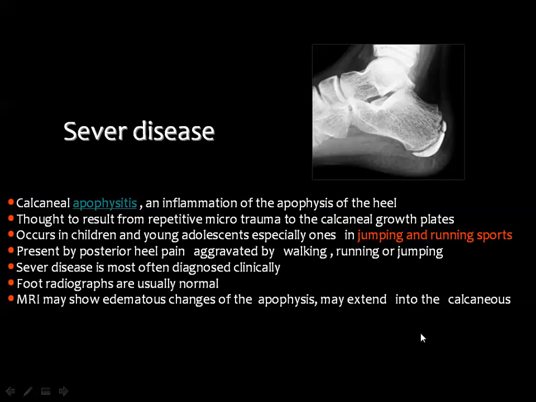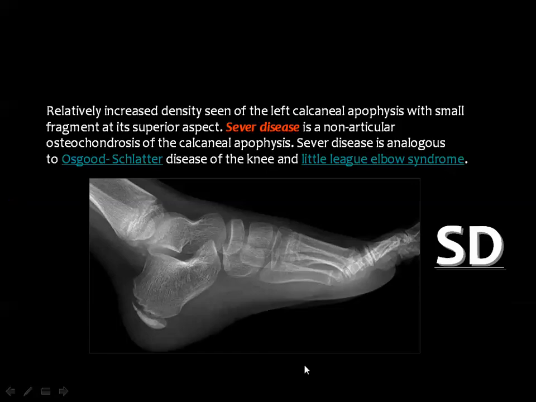Sever disease is usually diagnosed clinically. The radiographs may show normal findings. Sometimes they may show the changes of avascular necrosis, like bone sclerosis, fragmentation, and collapse.